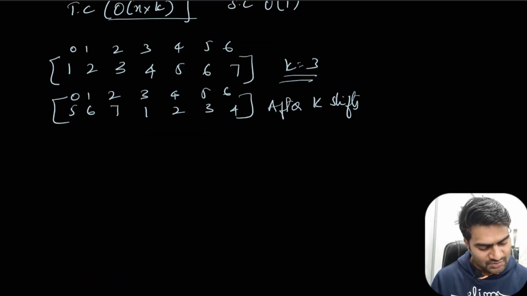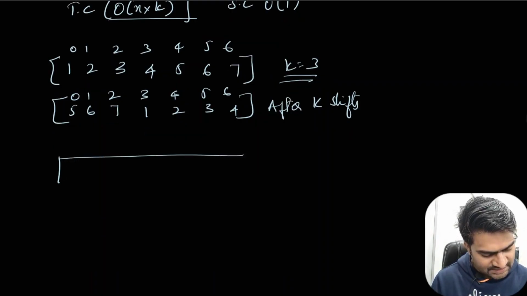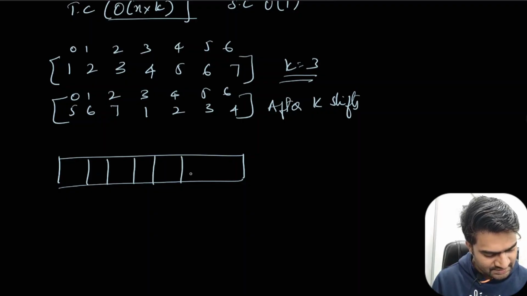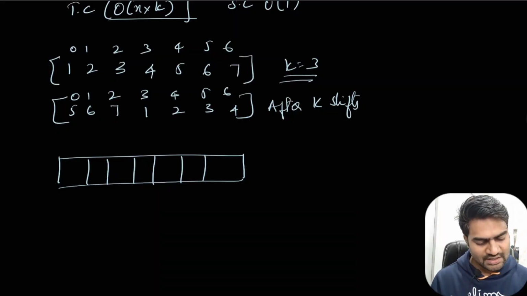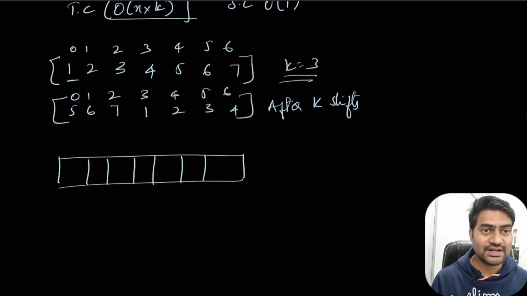Now what we will do, let us take another array. Okay, now if you take the original array, our one is at 0th index. So again I'll loop from 0 only, but this one I will shift it by 3 position and then I'll place it in the resultant array.